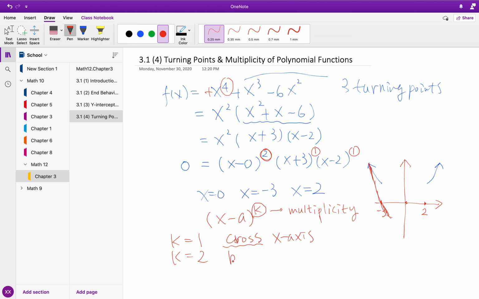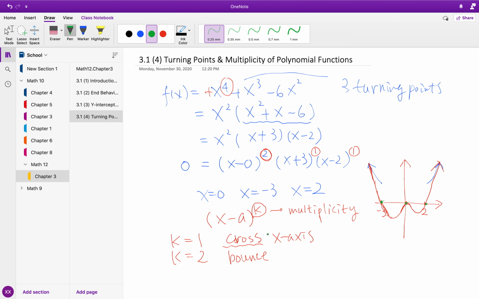It only bounces back. And then when we get to 2, it crosses again. So this is an important reason why we need to understand the multiplicity of our zeros.